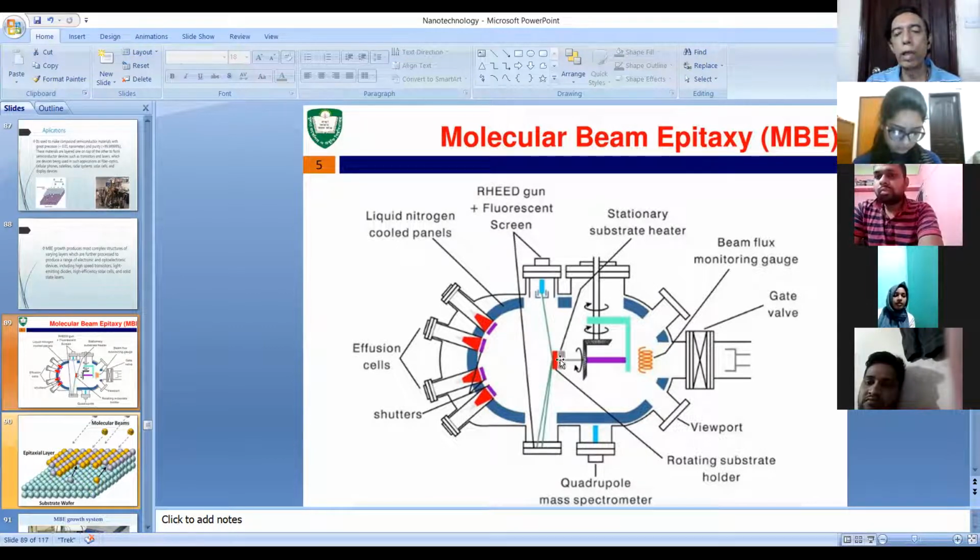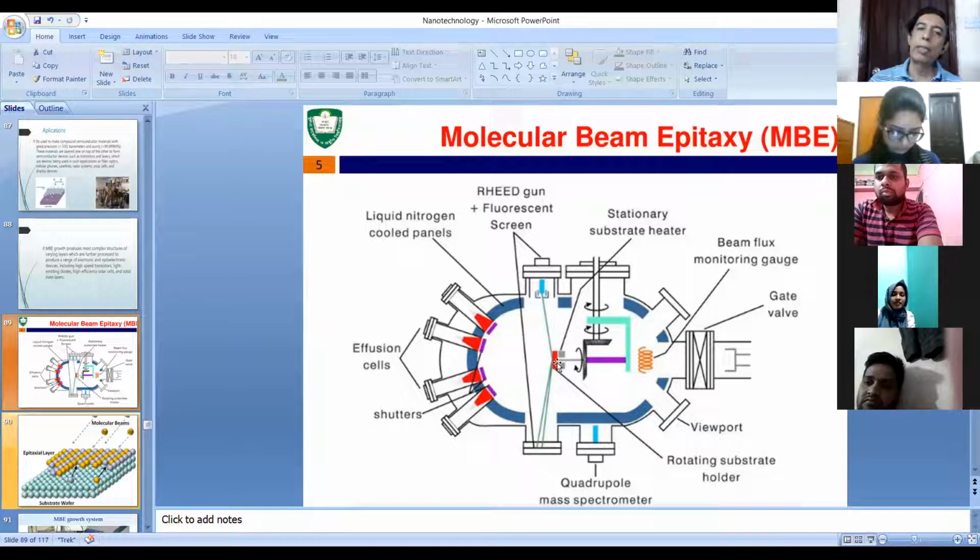So this RHEED gun will tell you that, say for example, you want a thin film of molybdenum 0.5, tungsten 0.5, and 1 sulfur or 2 sulfur. So this will tell you that adsorption of molybdenum 0.5 is achieved, and tungsten 0.5 is achieved, and 2 sulfur is achieved.